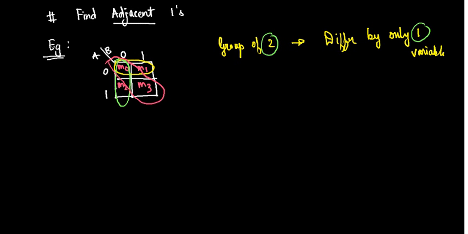Is it clear? You should consider the adjacent squares only if you are making a group of 2. They should differ by only one variable. Say for example, you are taking a 3 variable K map.